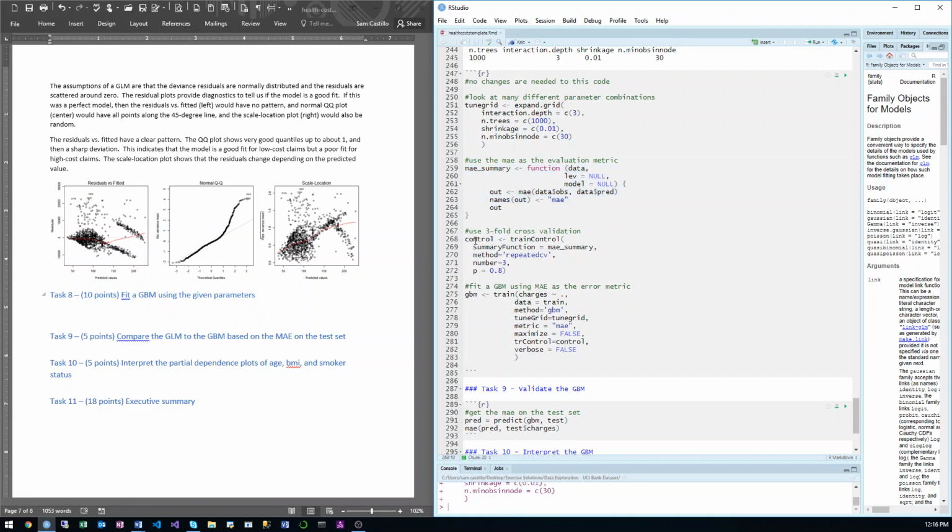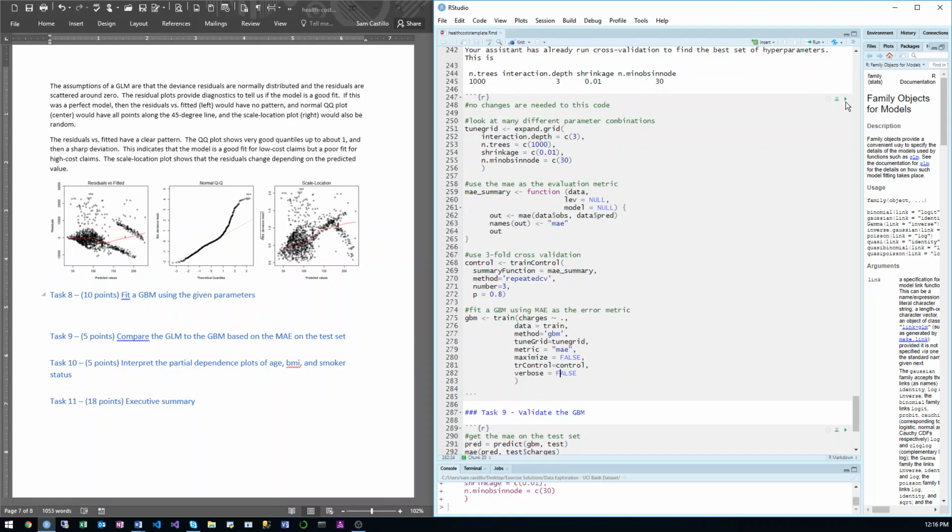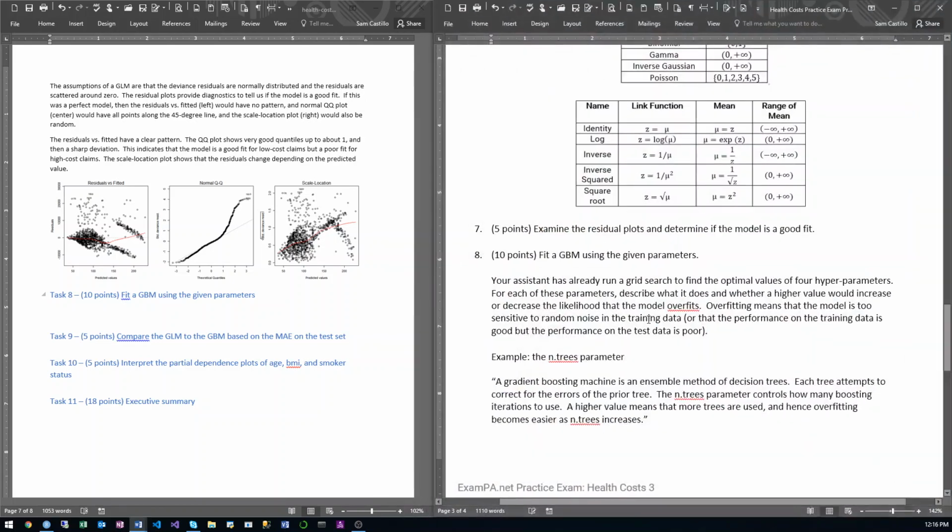And then there's this train control method, which uses cross-validation repeated 3 times, and then it fits a GBM in caret for every combination of parameters. So I'm just going to run this. And the challenge of this question is really just an explanation. It's not a question of statistics, it's just about comprehension of statistics.